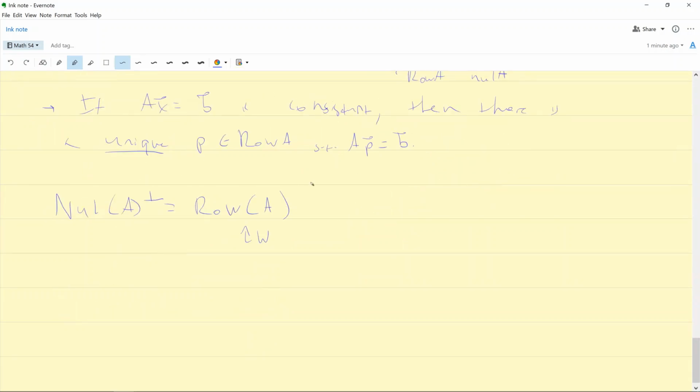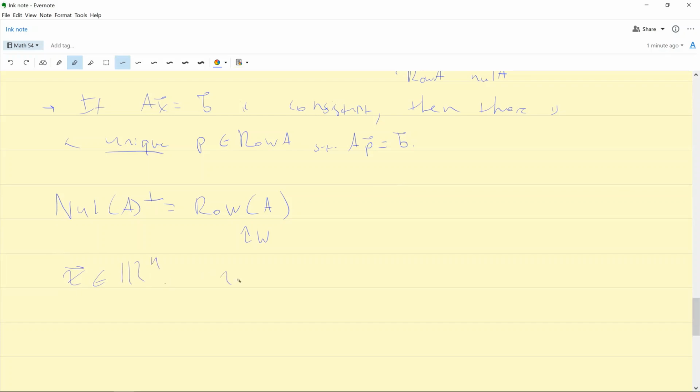So why does this give us this fact about the solution to Ax equals b for a specific b? Why does this tell us that there has to be a solution in Row A? Why can't the solution just be anywhere in Rn? Well, since it's consistent, we know there's at least one solution in Rn. Let's call that solution x.